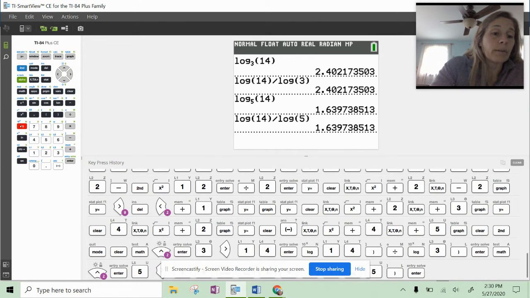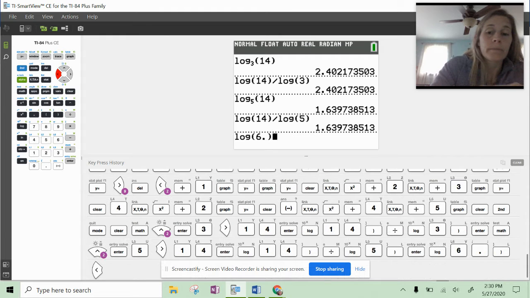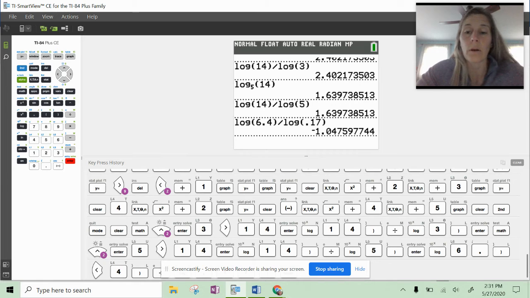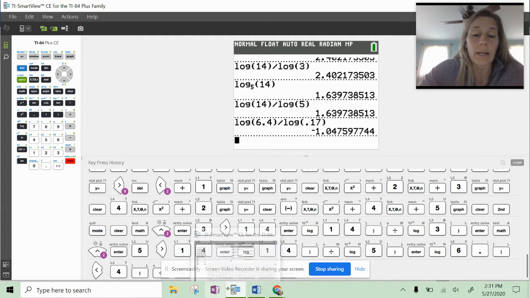So you would have log of 6.4 divided by the common log of 0.17. Of course, if you have the newer calculator, you can just enter it in with your log base. So I have negative 1.0475, so negative 1.048.